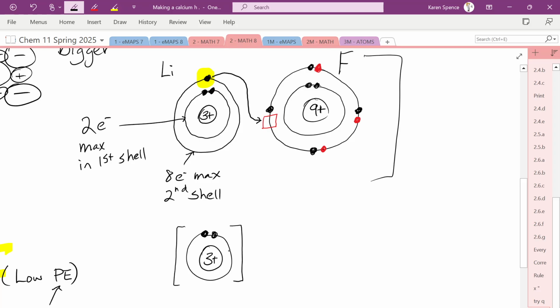What is the charge of this ion? It lost 1 electron. If you lose 1 electron, that's like subtracting -1. So it's going to be plus 1.